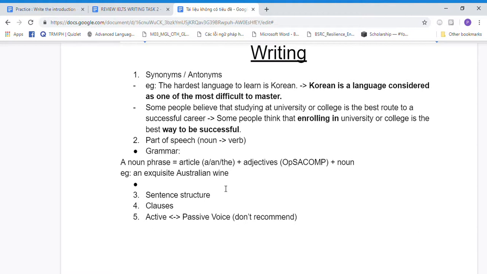Wine is made from some kind of ingredients, but it's not material. But there are some cases like American apple pie, for example, right? Apple pie. So apple is actually the material, right?